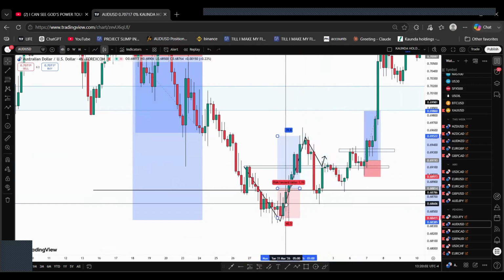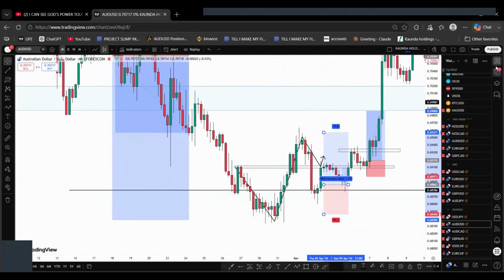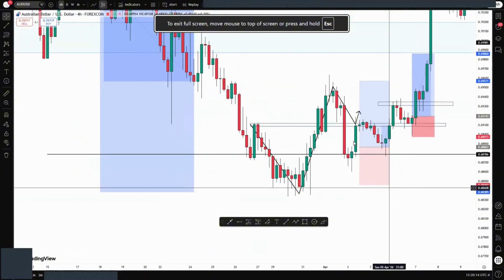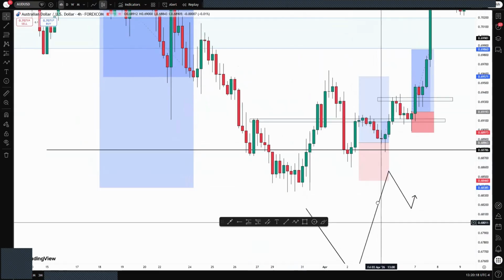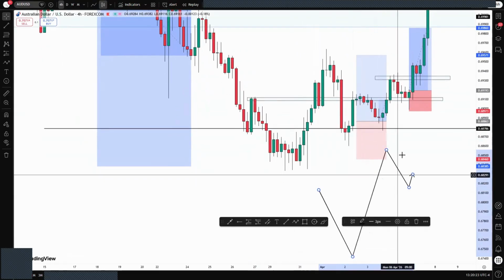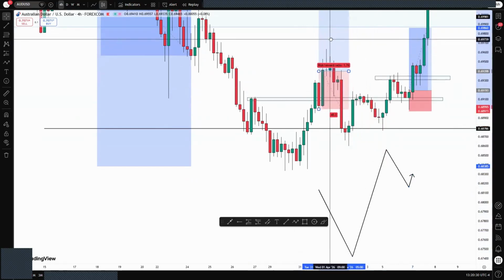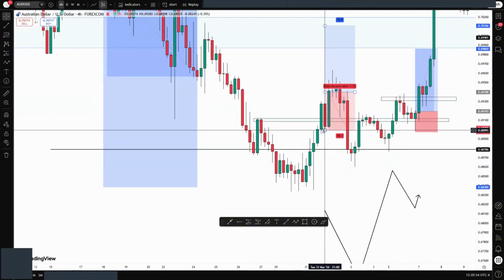Why does the price come back all the way here? Remember, like I was telling you, you can see first the kind of break we had. You can see the distance between the high and low. So even if it gives you this entry here, you decide to take it, price can come back here.